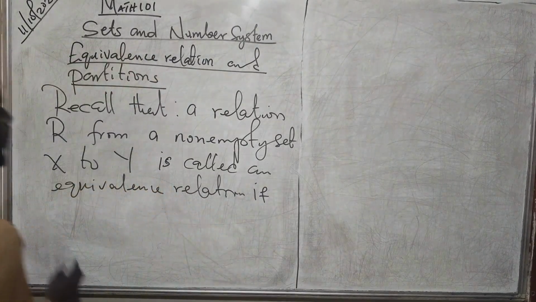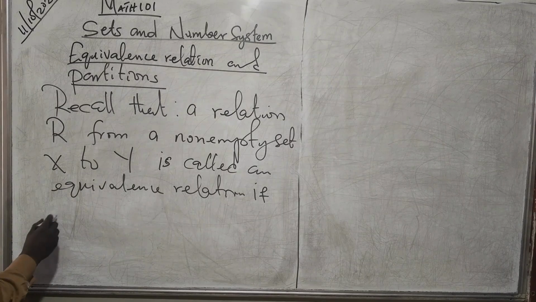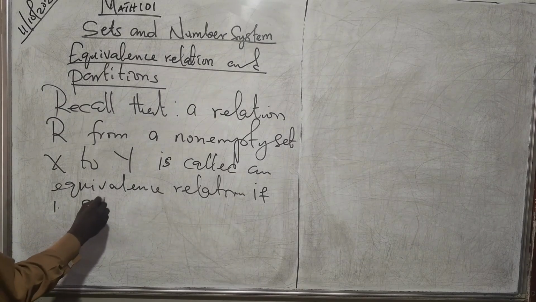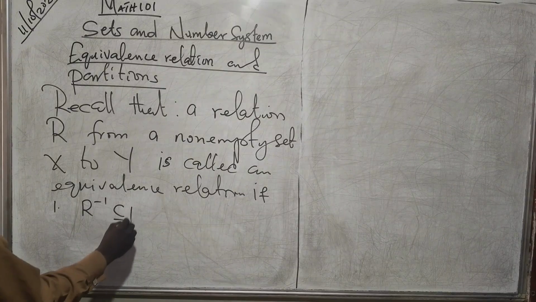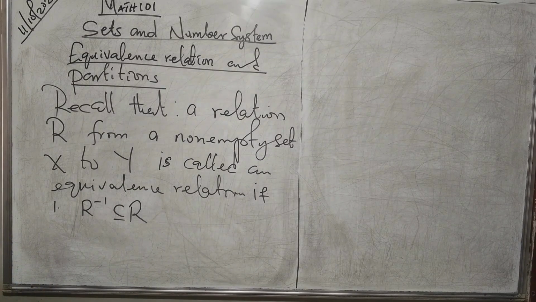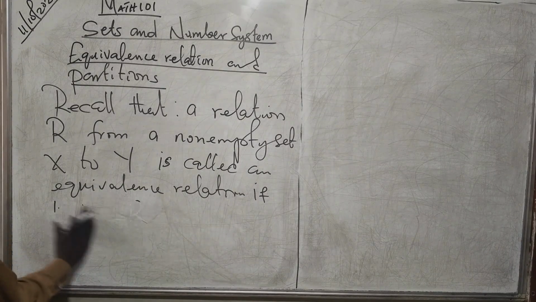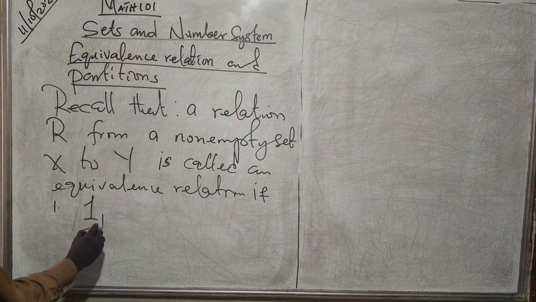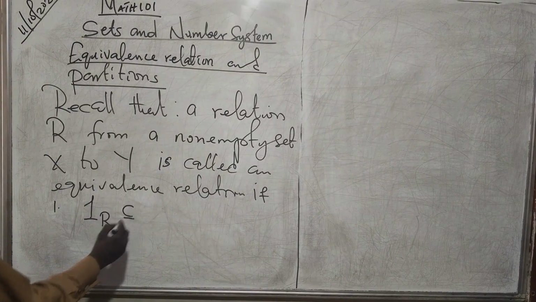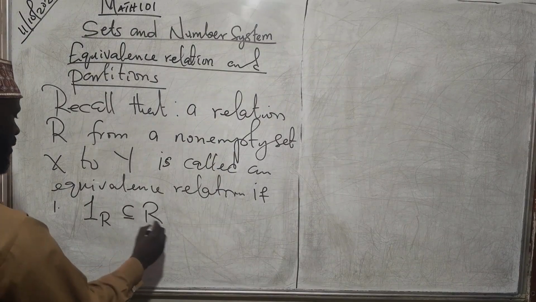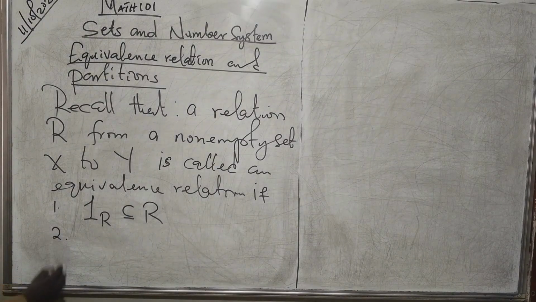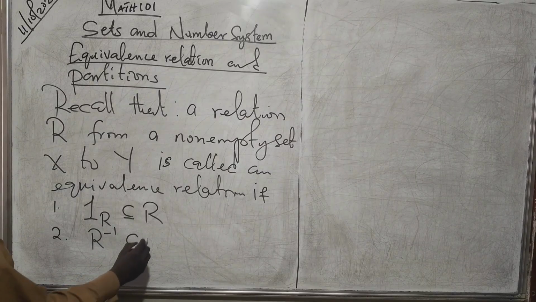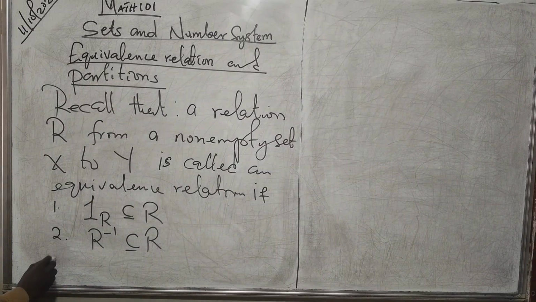if one, the identity relation is contained in R. Two, the inverse of the relation is a subset of the relation.